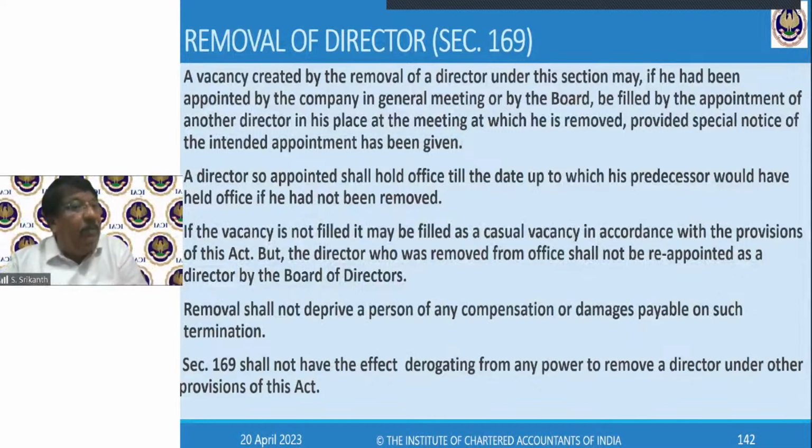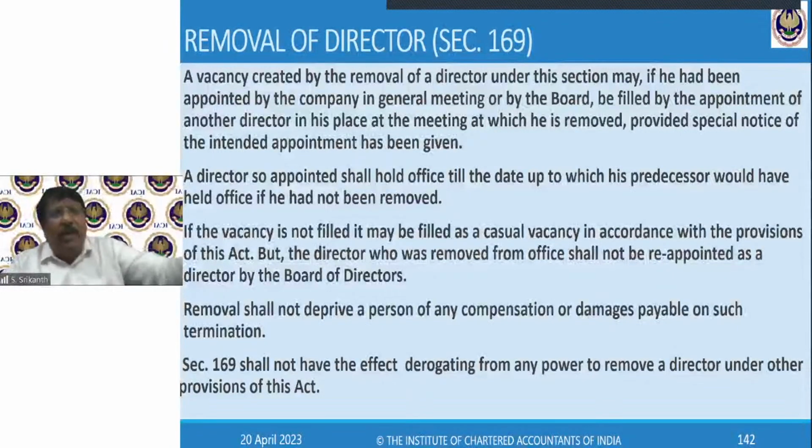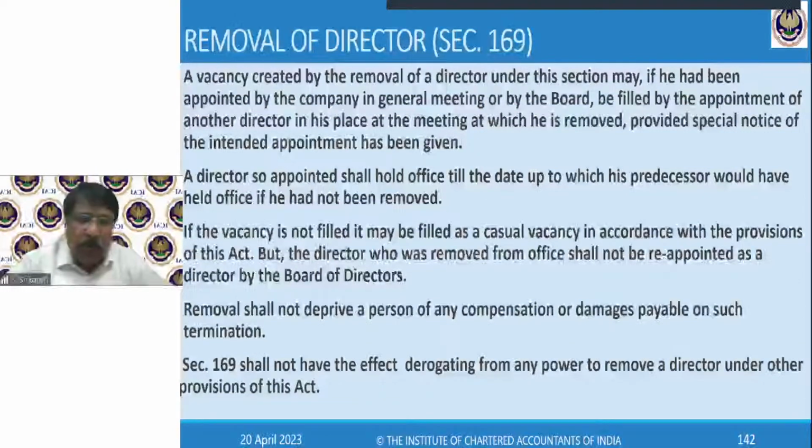Whereas CEO may be an employee. He may not be a director. Are you able to understand what I'm saying? So I think that is the basic difference. CEO is not necessarily a director. He can be, but he may not be. But MD should be a director. So he'll be a director and a managing director. So there are a lot of restrictions on his appointment, a lot of limits on the amount of remuneration and all. We'll be seeing it in the next session.